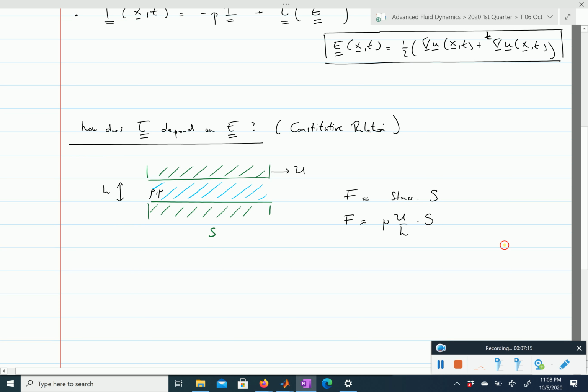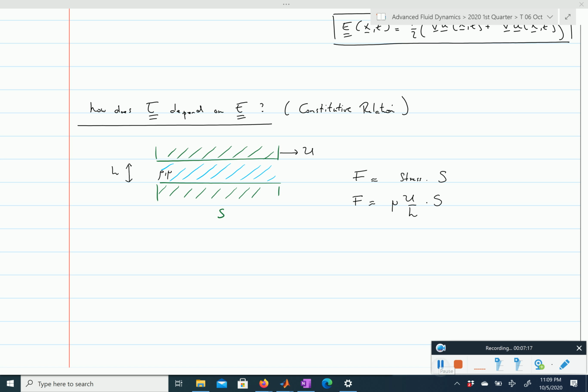One way to get to this scaling is to think about the dimensions. So this needs to be a stress, so it needs to be kilograms per meter per second to the minus 2. When we think about the viscosity, that's the only thing that we have that has kilograms inside: kilograms meters to the minus 1 second to the minus 1.